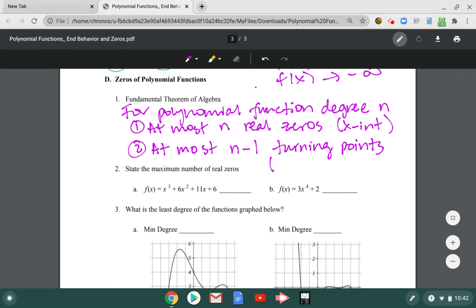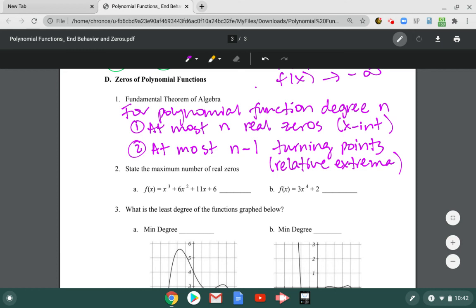A technical word for turning points is a relative extremum. Okay, so that just means a turning point, so a max or a min. Okay, so n minus 1.